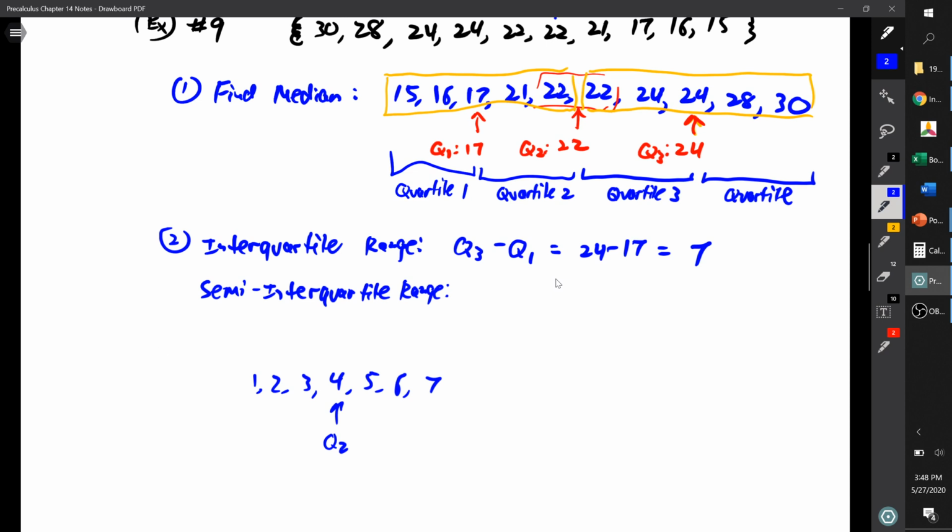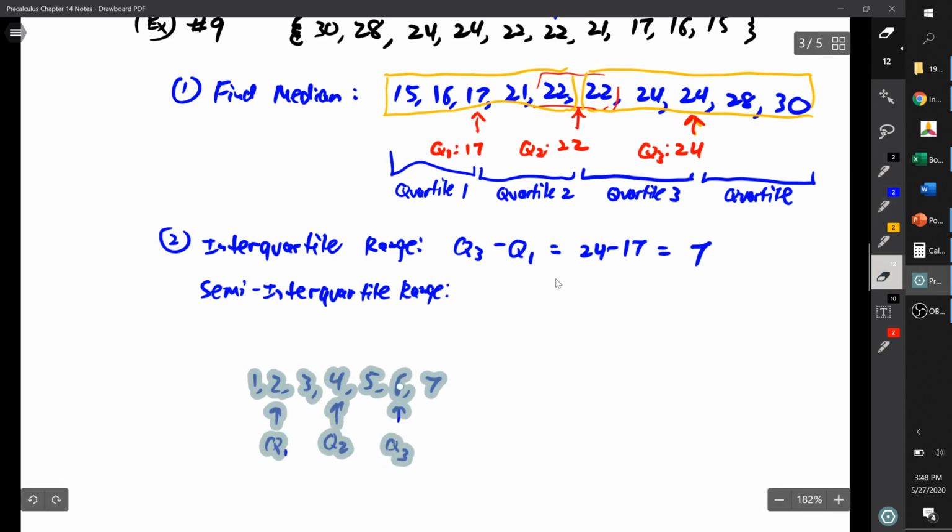Then Q1 would be the middle of what's left below, and Q3 the middle of what is above. It's almost the same as here. Because we had an even number of data points, we started by averaging the middle two to get our Q2, and then what was below and above were odd numbers of points, so we could take the middle of each. With an odd number of points to begin with, your Q2 will be one of the points, which then splits the rest into odd below and odd above again. I just want to clarify that in case you run into it.